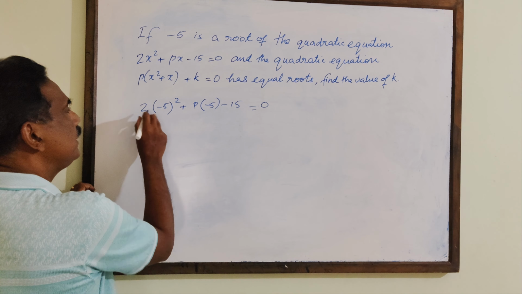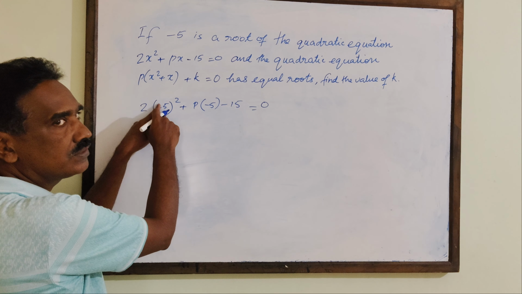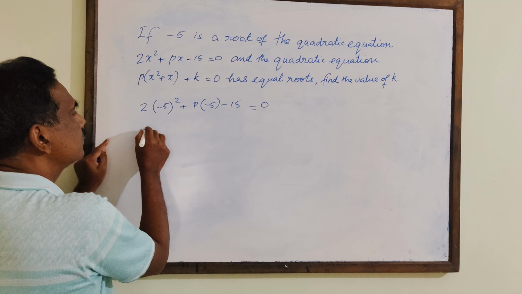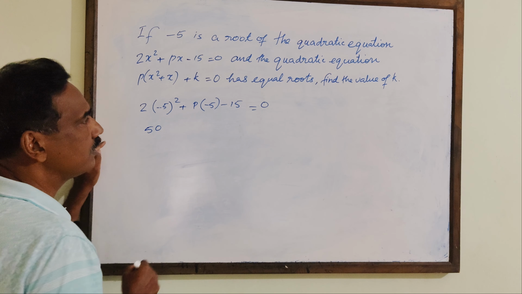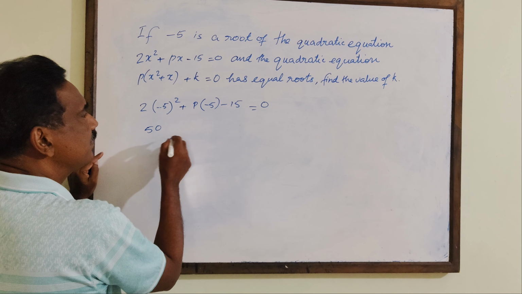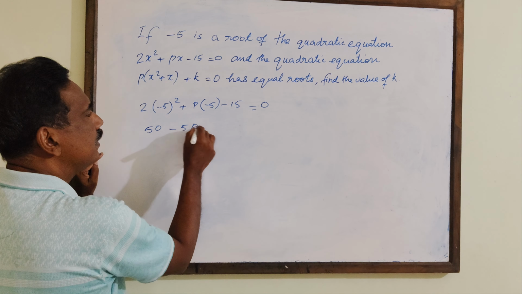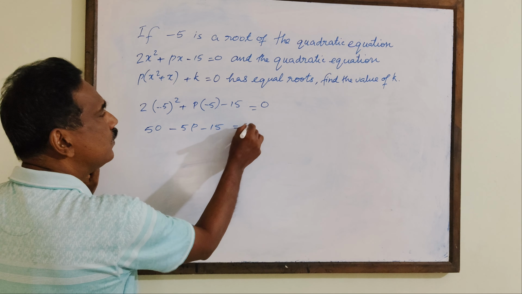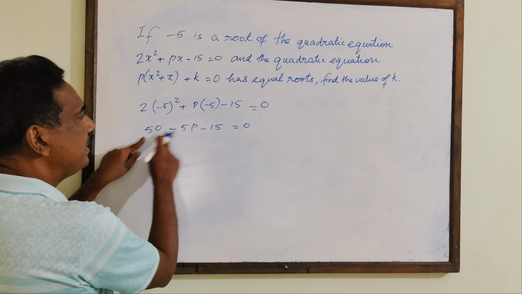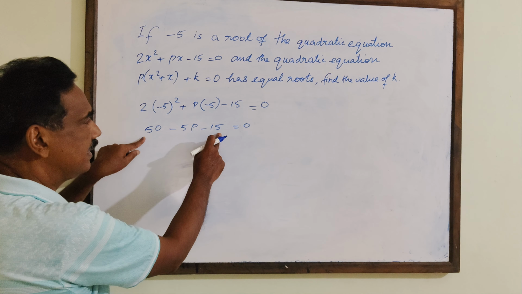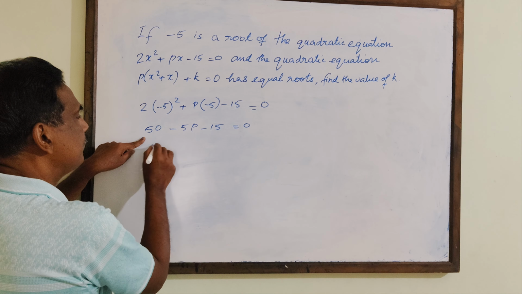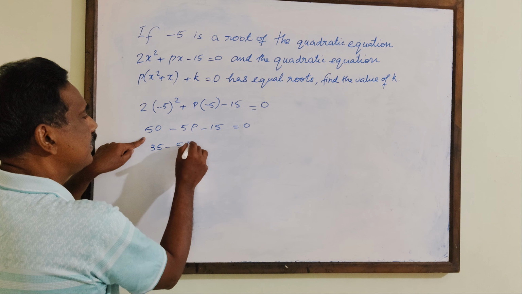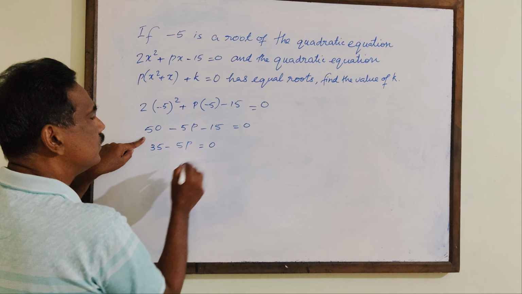Open this. 2 into minus 5 square becomes 25. 2 into 25, so this part will become 50. P into minus 5 becomes minus 5p. Minus 15 is equal to 0. 50 minus 15, you can see it is 35. So 35 minus 5p equal to 0.